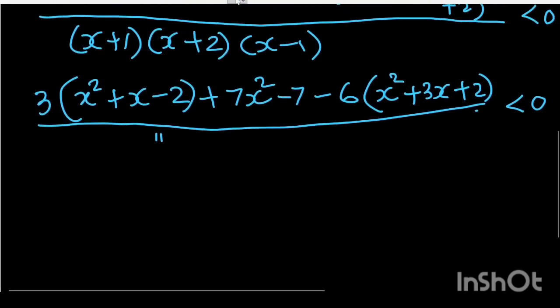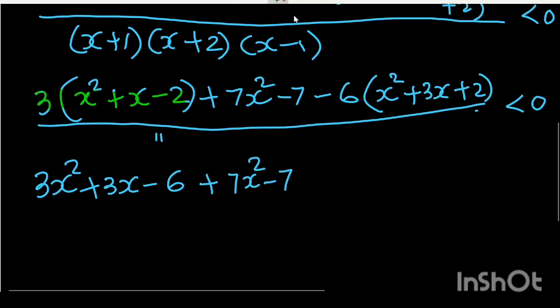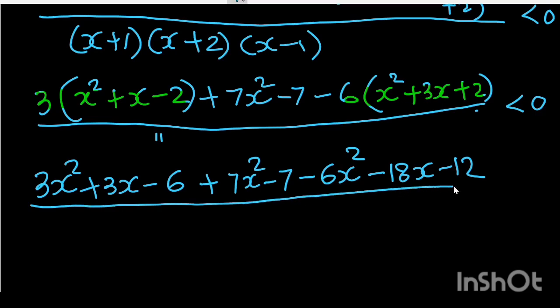Now 3 gets multiplied to these three terms, so we will get 3x square plus 3x minus 6, then followed by 7x square minus 7 as it is, then 6 gets multiplied to these three terms inside the bracket, so we will get minus 6x square, minus 18x, minus 12, whole upon the same three factors, x plus 1, x plus 2, x minus 1.